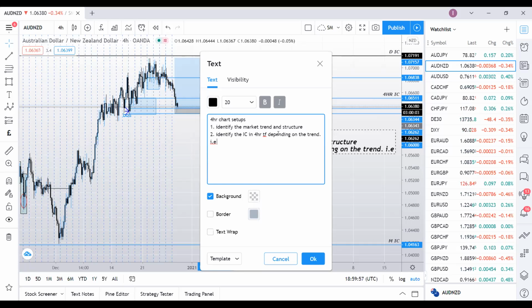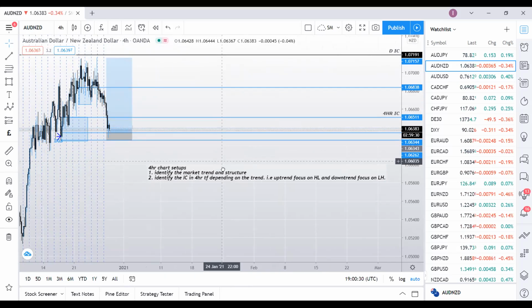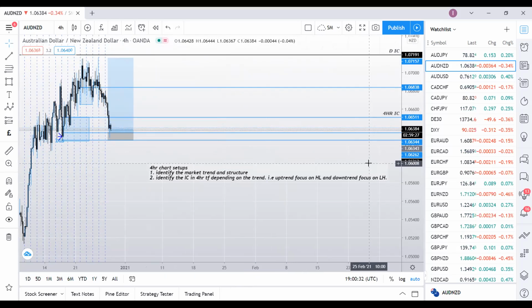I.e., in an uptrend, focus on the higher low, and in a downtrend, focus on the lower high. Let me reduce the size. Does everyone understand that?